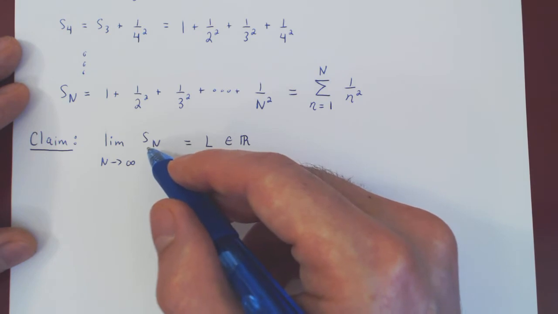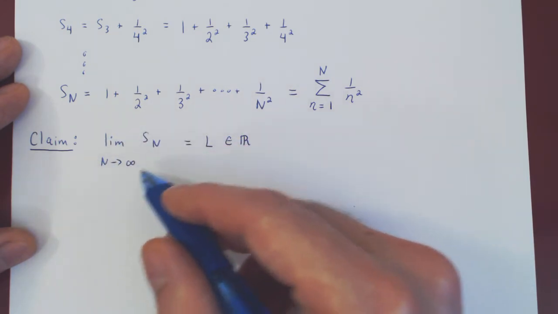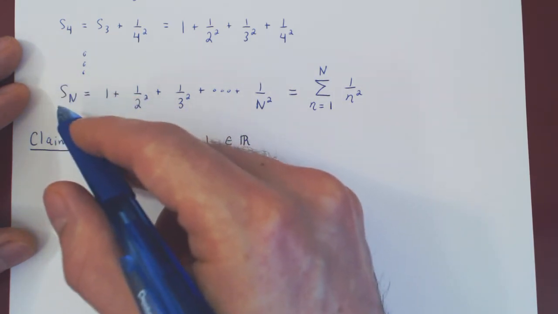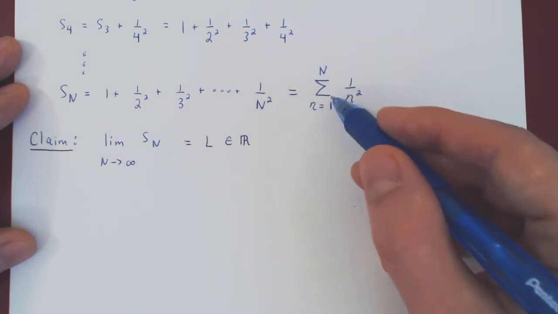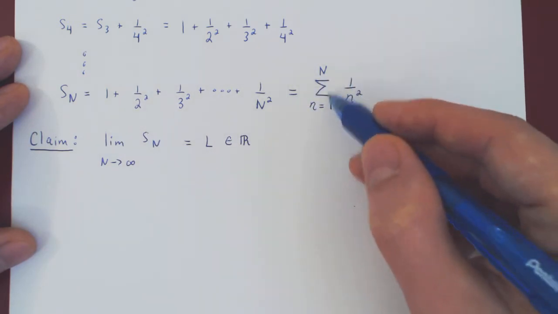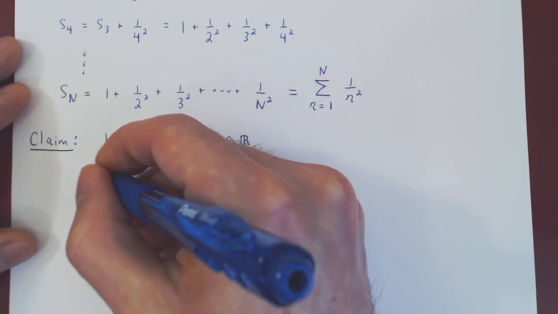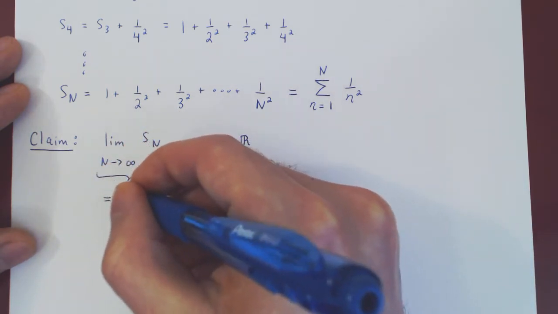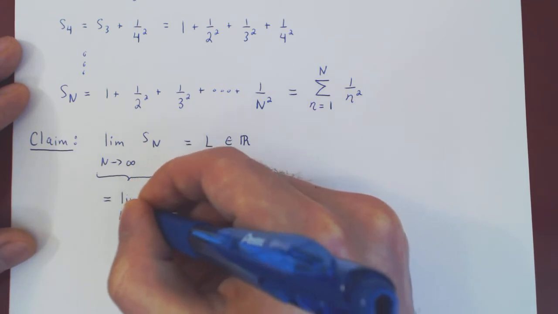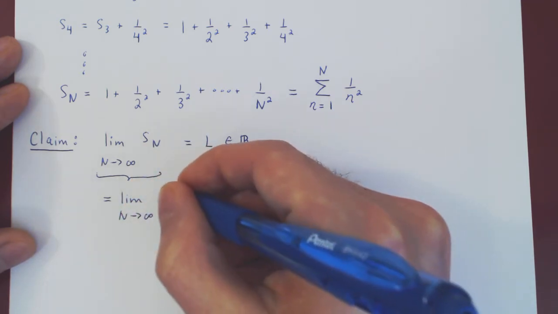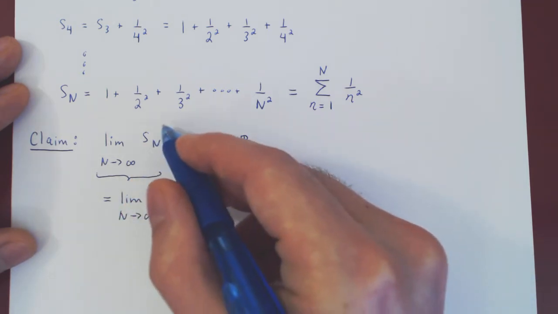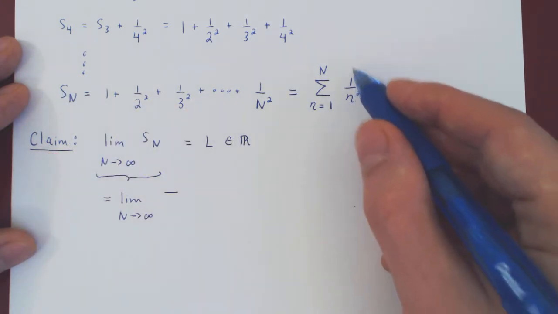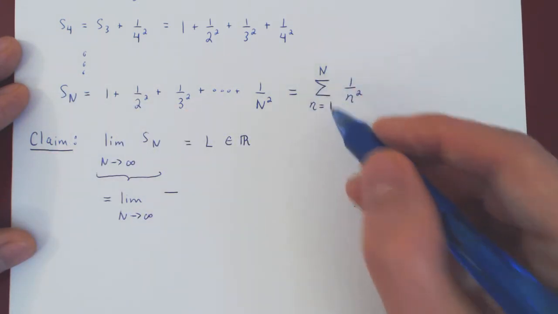But let's just look at what this limit may look like if we look at the formula for Sn being the sum of 1 over n squared from 1 to uppercase N. And then we'll see something interesting popping up. I'm just now replacing Sn by its concise expression using sigma notation.